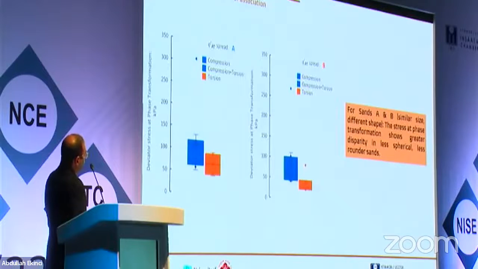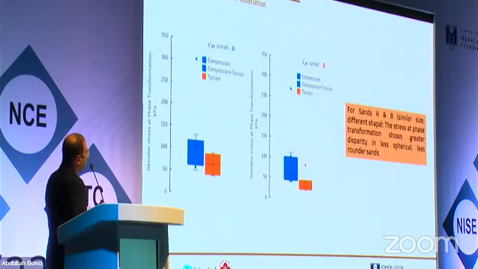You've got the blues, compression and a mix of compression and torsion, and the orange, which is alpha 60 degrees, which is most possibly pure torsion. That is what I think. And when you look into this data, you will see that for these two sands, which have different shape, the stress at phase transformation shows greater disparity for sand A, which is less spherical, less round, basically an angular sand. Again, tying in the concept of shape with inherent anisotropy.